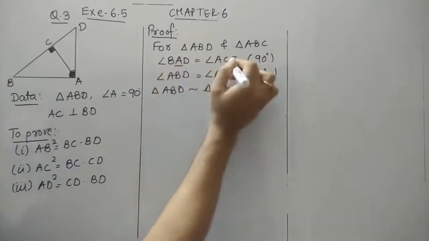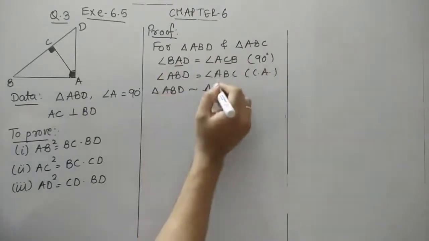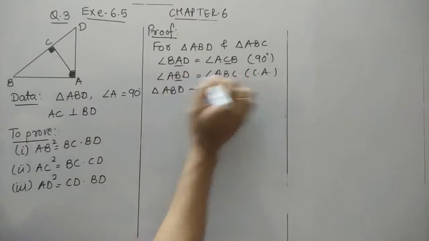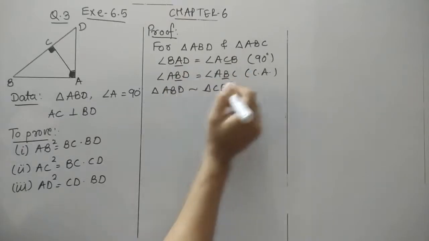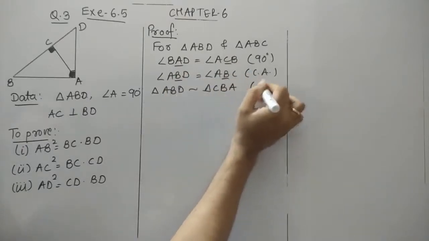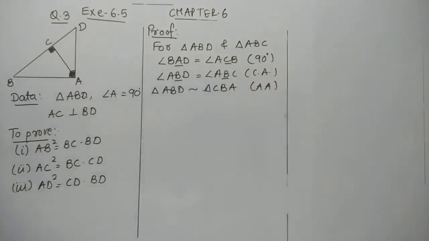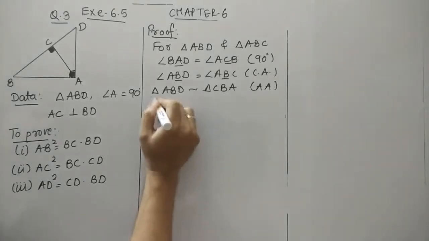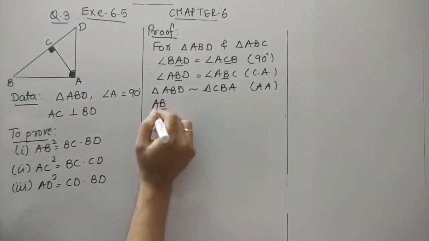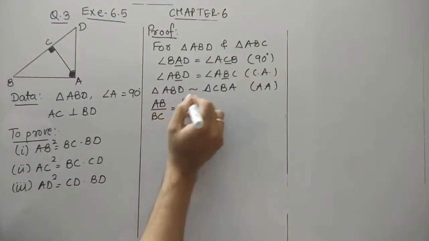So you can see that A corresponds with C, and B corresponds with B. So automatically D corresponds with A. I have used the angle criteria. We know that when two triangles are similar, the corresponding sides are in proportion. So I will write AB upon BC is equal to BD upon AB.